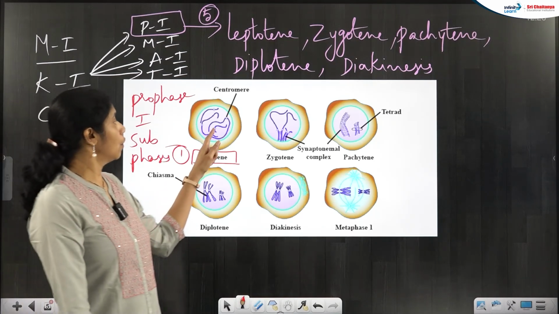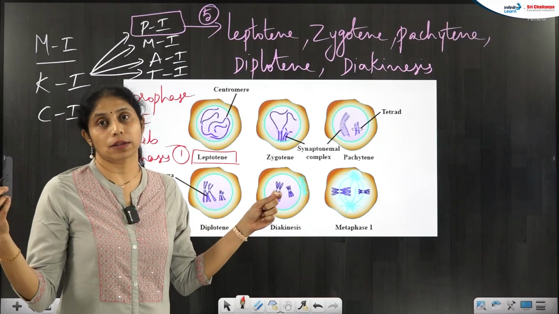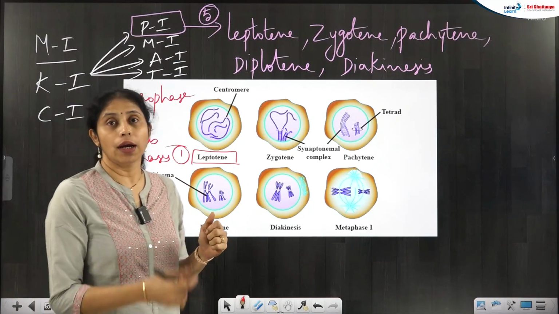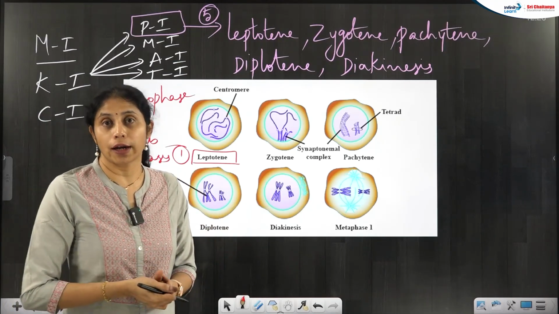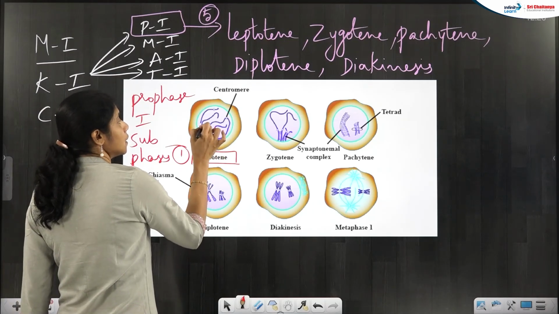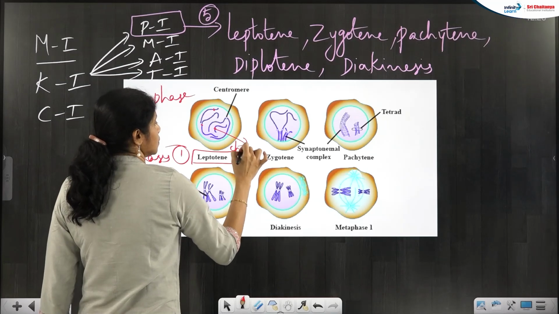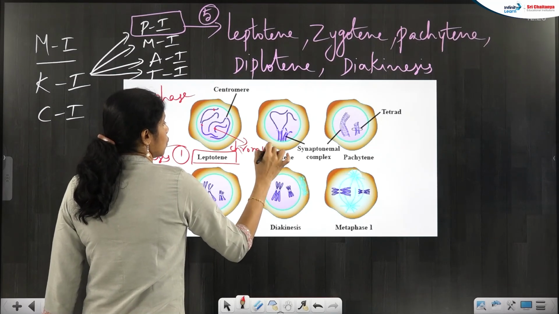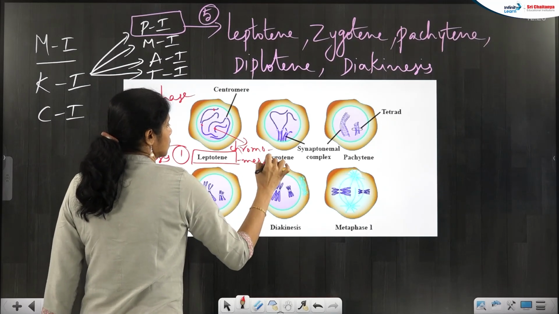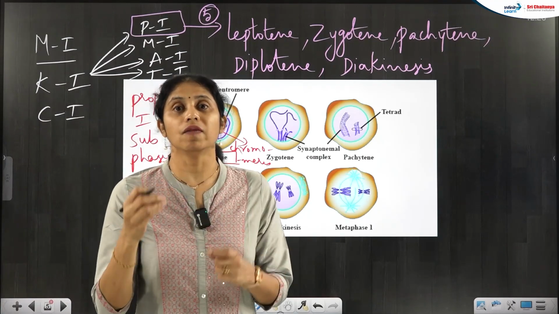So in the leptotene, you can see that the chromosomes are present like elongated threads. It is chromatin material only, present in the form of elongated threads which have some bead-like units, and these beads are called chromomeres. They started undergoing condensation, and they are distinctly visible.